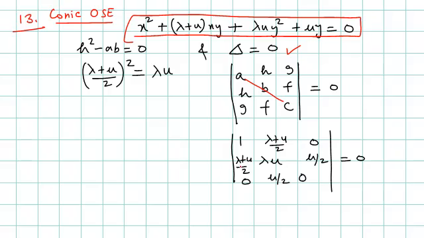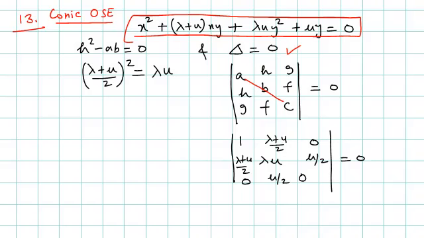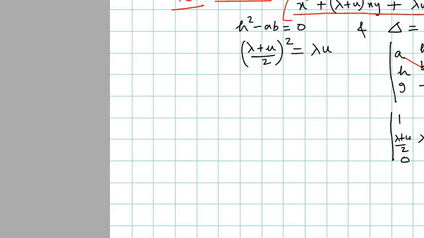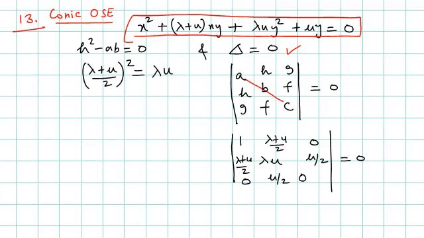Now replacing the values, we get this equal to 0, and now we can work out this determinant by this third row.